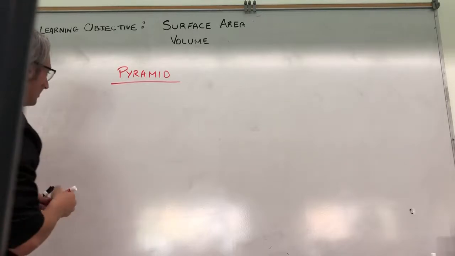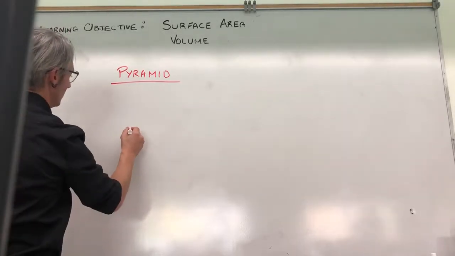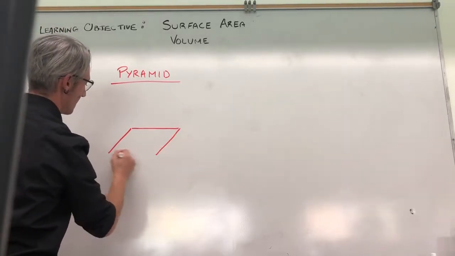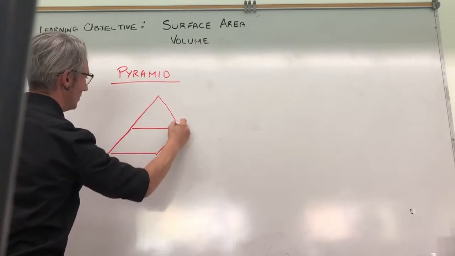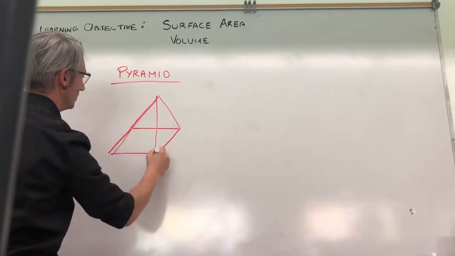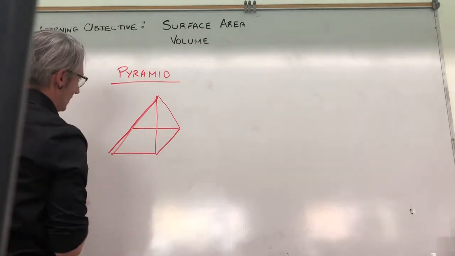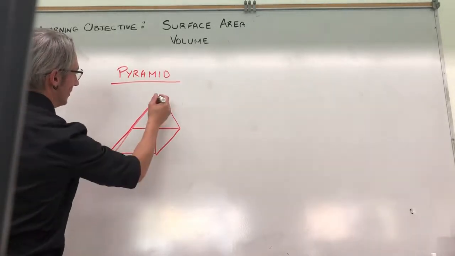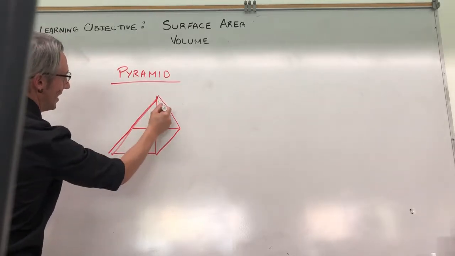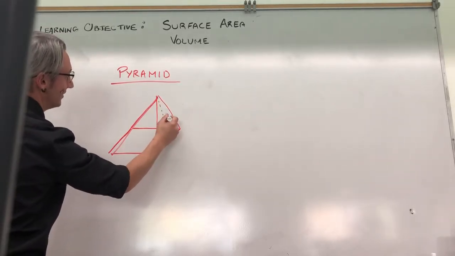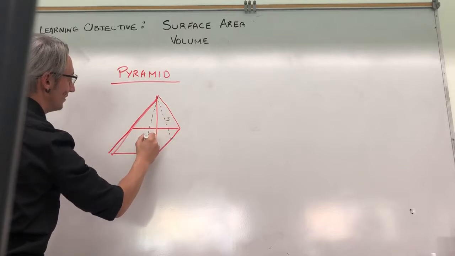Okay, pyramid looks like a square pyramid. Something like that. It's the same thing, so we have 4 triangles. We have our side length down to here. That's S. We have our height, which goes down to here.